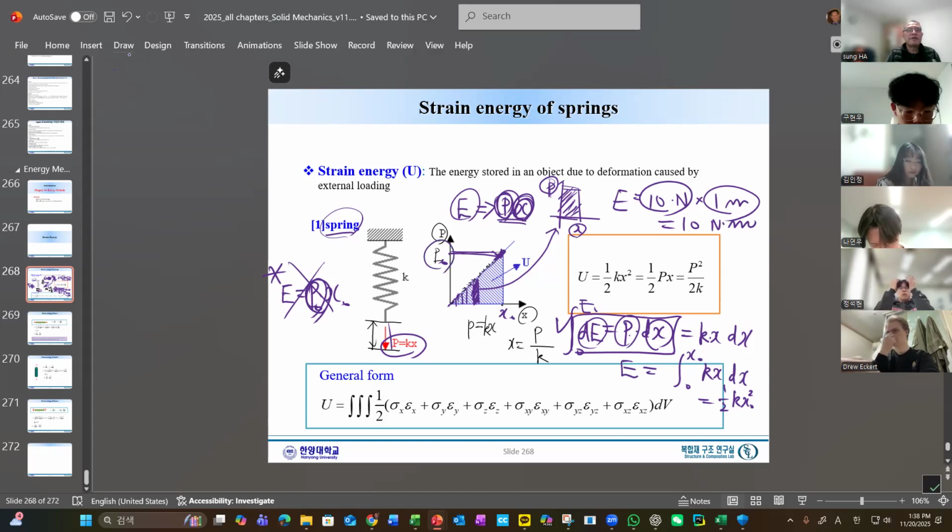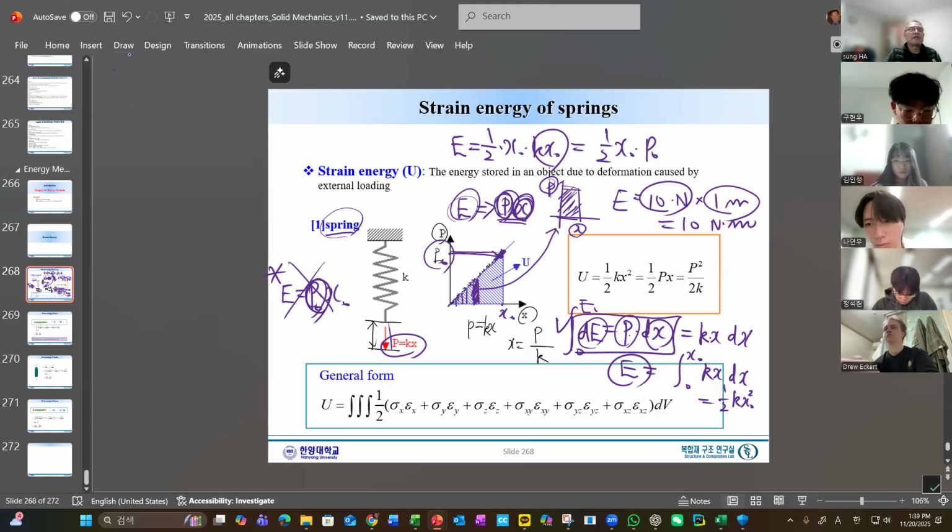Again, the energy needs to be, instead of this, we need to say half of Kx0 and x0. And this Kx0 would be the P0. This is the value of P0.